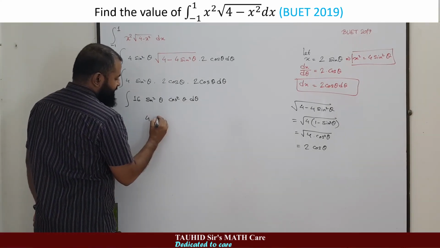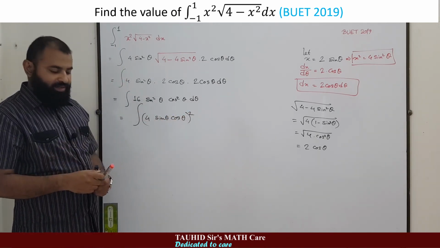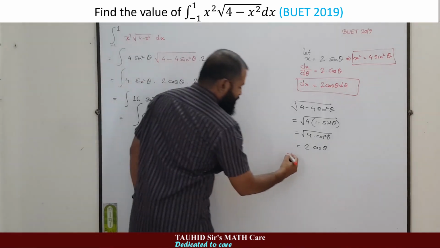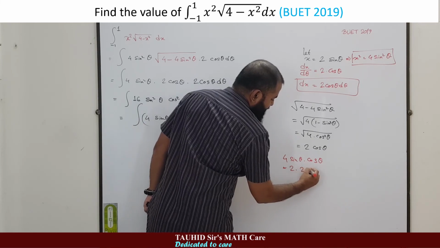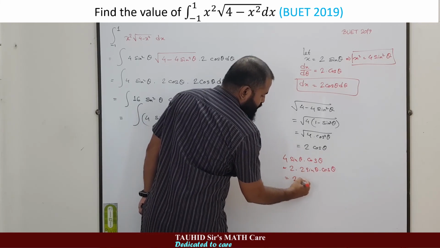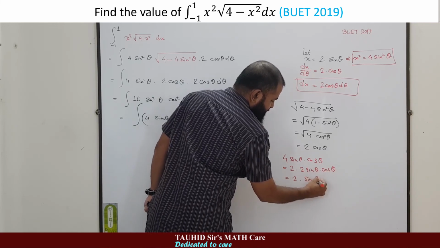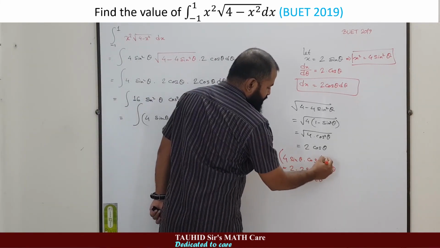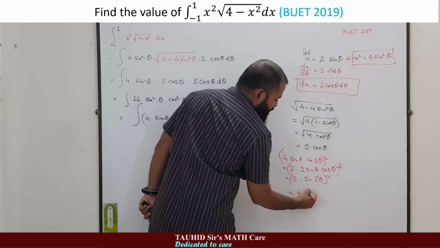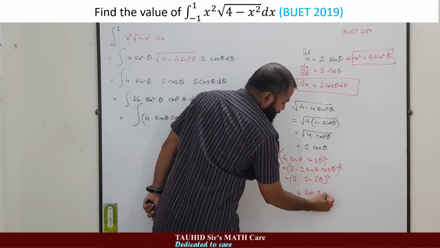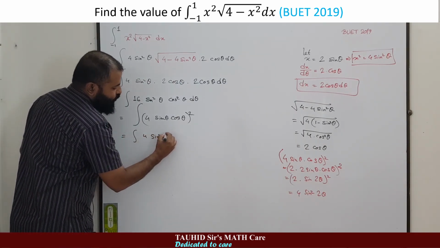We can write it as 4 sine theta cos theta whole square. 4 sine theta cos theta equals 2 into 2 sine theta cos theta, which means sine 2 theta. So if I write 4 sine theta cos theta whole square, the value finally becomes 4 sine square 2 theta. So you can write it here, integration of 4 sine square 2 theta.